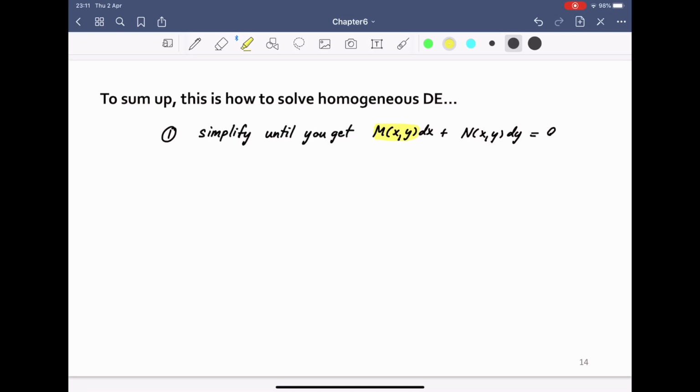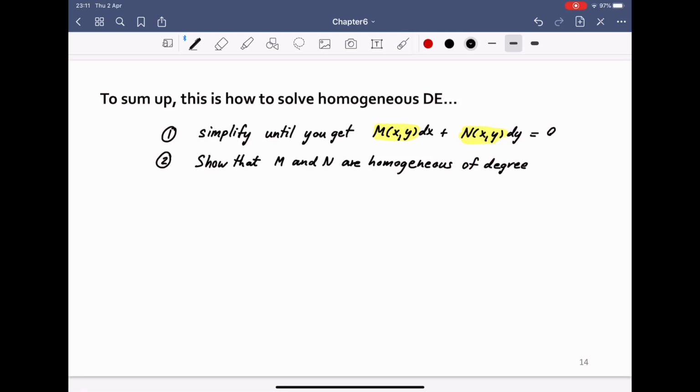Once you have M and N here, you have to check first. So number 2, show that M and N are homogeneous of the same degree, can be anything, but of the same degree.